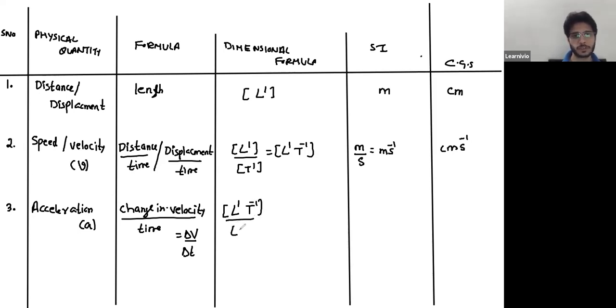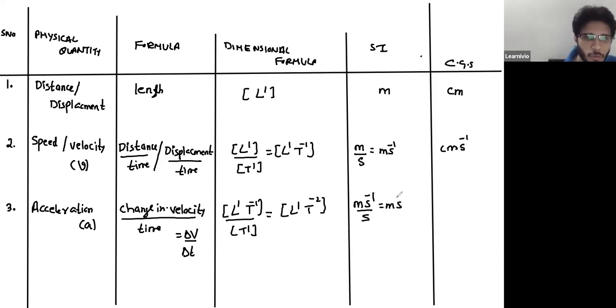T. So the combined is L T minus 2. What about the unit? Meter per second square. Yes, the unit is meter per second divided by seconds, so it's meter per second square. What about the CGS? Centimeter per second square.